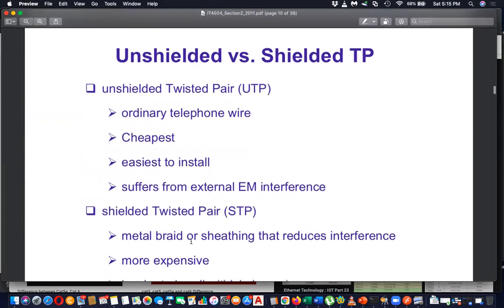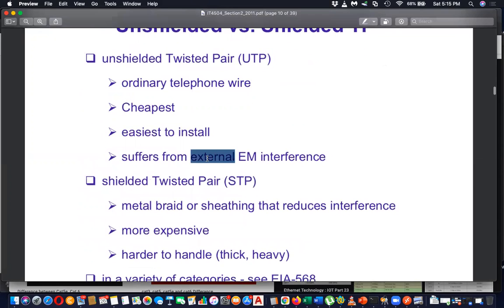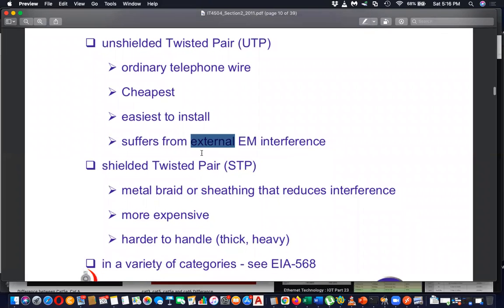And here, unshielded and shielded. Unshielded is basically the cheapest, similar to ordinary telephone wires, but it suffers from external EM, electromagnetic interference. Whereas the shielded one is thick, hard to handle, hard to bend.